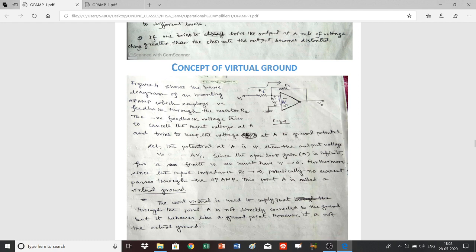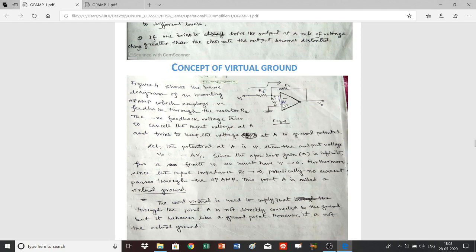Furthermore, since the input impedance of this op-amp is very high and the output impedance is very low, and also the gain of the op-amp is actually infinity, let the gain of this amplifier be A. Then the output voltage V0 will be A times Vi, where Vi is the input voltage. Since A is infinity, for finite values of V0, Vi should be 0. That means Vi tends to 0.